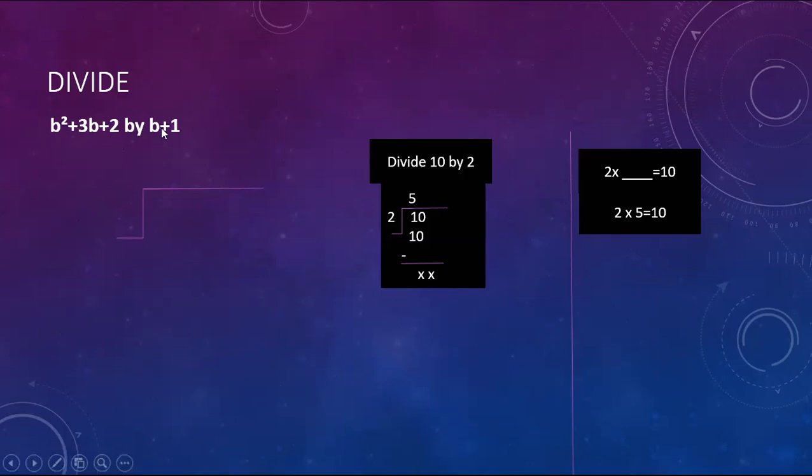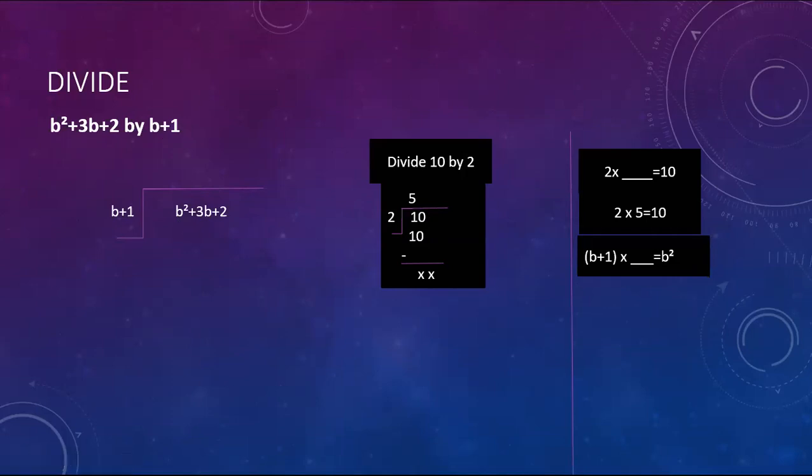Now in the same way, we can divide this b square plus 3b plus 2 by b plus 1. So this is the divisor we are going to write here, like 2. And this is the dividend, just like 10. So we are going to write the dividend over here. Now students, in the same way, we multiplied 2 with 5 to get 10. Here in the dividend, 10 is written. And here in the dividend, b square is written.